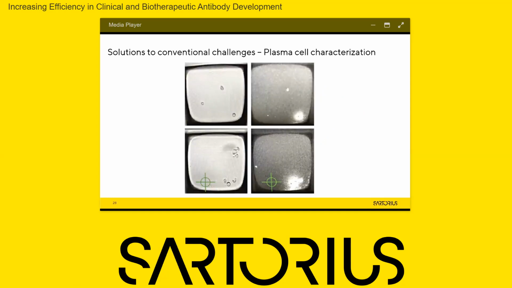So here's what you would see on the CellCelector in the software from the imaging. So on the left-hand side is bright field view of your cells and your nanowells. And then on the right-hand side is the fluorescent field. And the green cursor in the bottom is the diameter of the capillary that you'd use to pick.